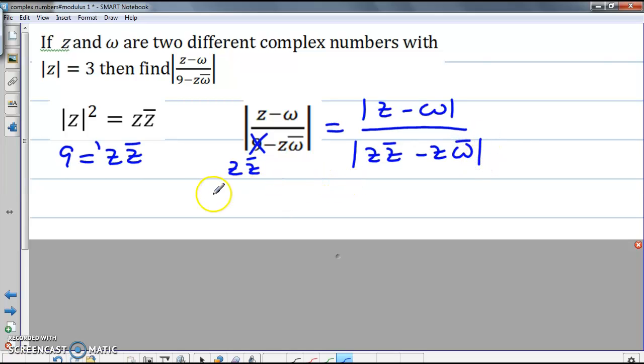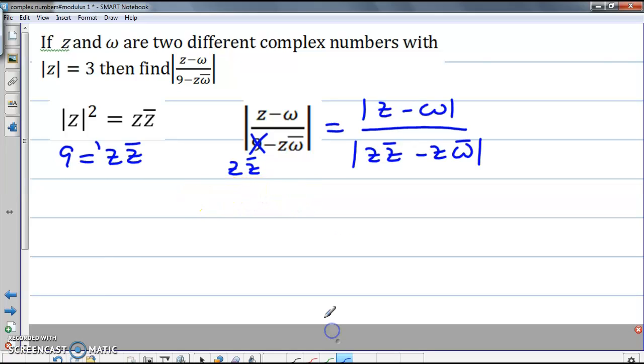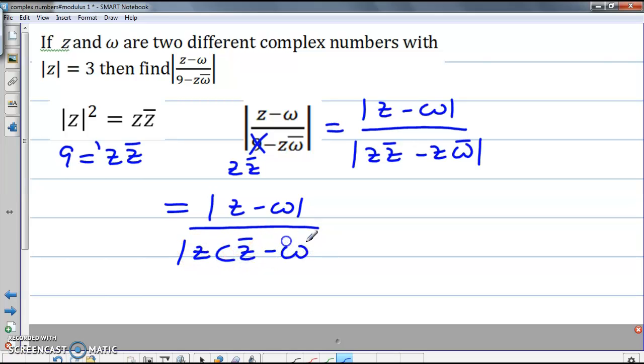Now see, z is common in the denominator, so we take z common, and what we get, mod of z minus omega upon modulus of z times z conjugate minus omega conjugate mod. And since z conjugate minus omega conjugate is z minus omega whole conjugate, so we write this.